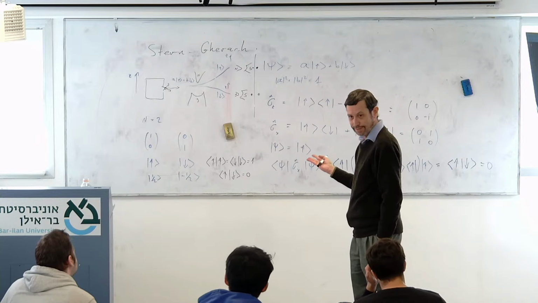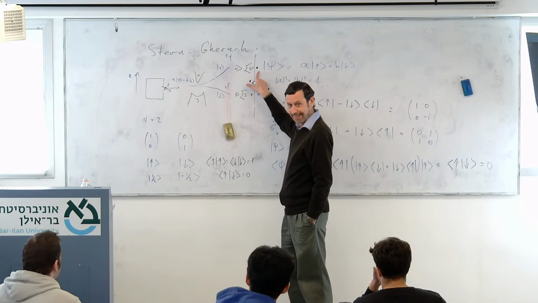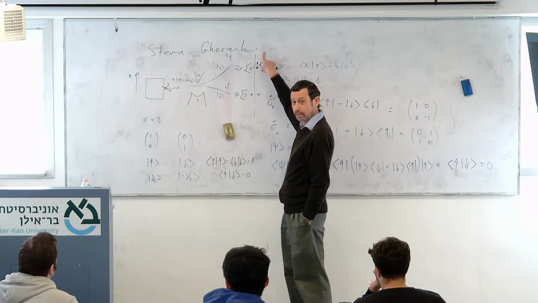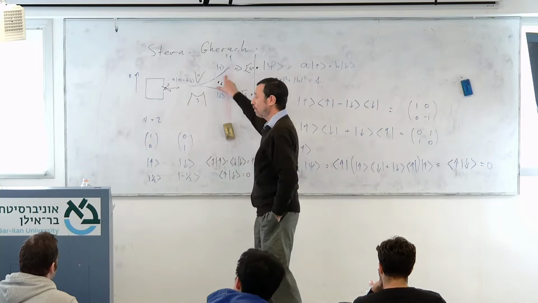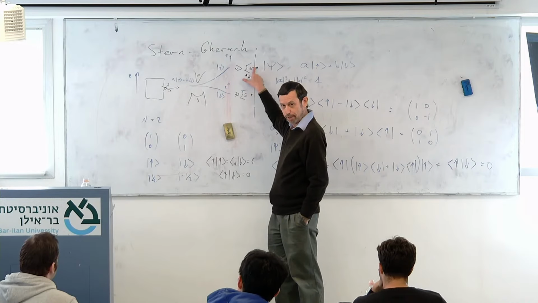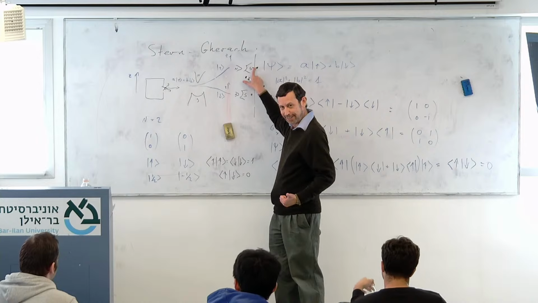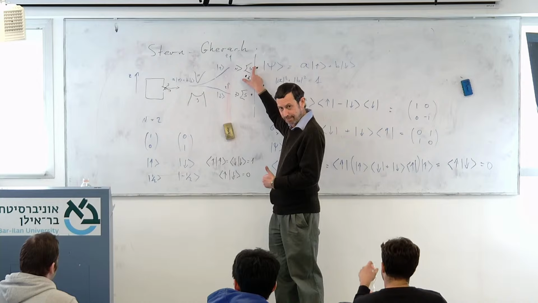But once I measured it here, and now I put another measurement in the z direction, I come out knowing everything about the x direction, but I still know nothing about the z direction.